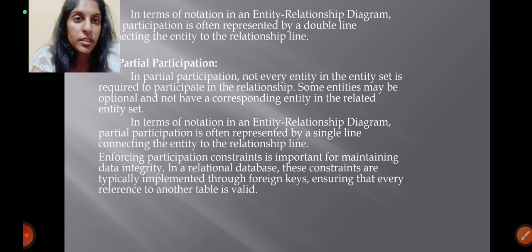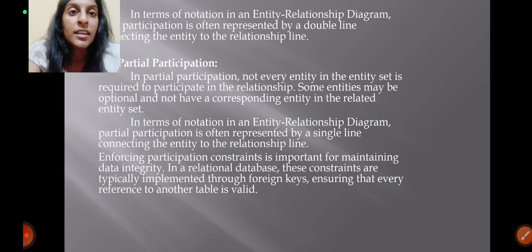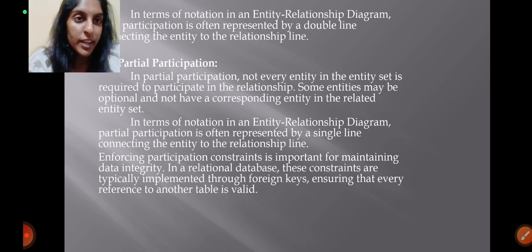In terms of notation, in an entity relationship diagram, total participation is often represented by a double line connecting the entity to the relationship line. Next, partial participation. In partial participation, not every entity in the entity set is required to participate in the relationship.